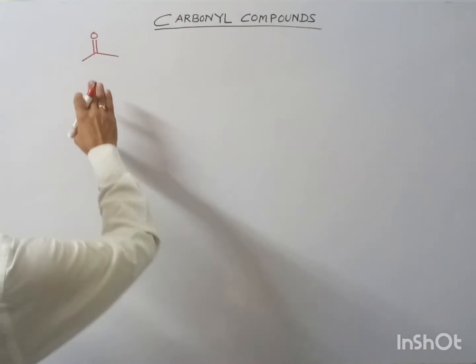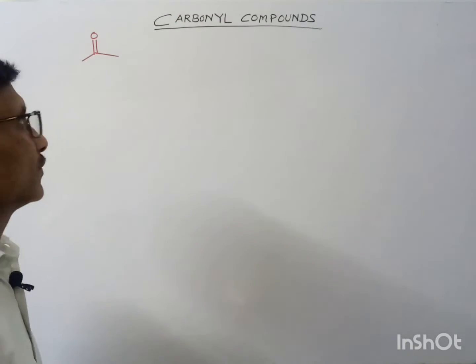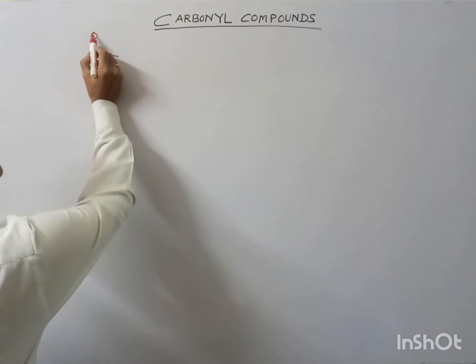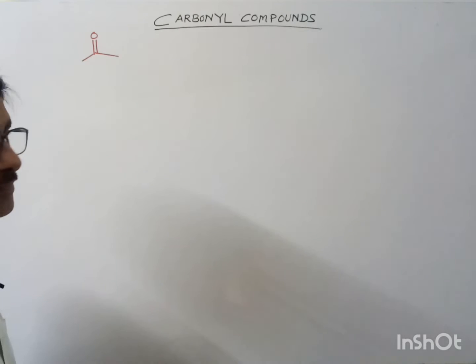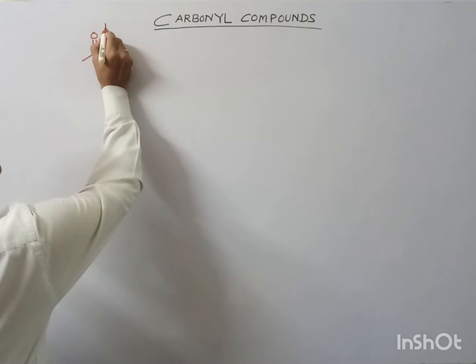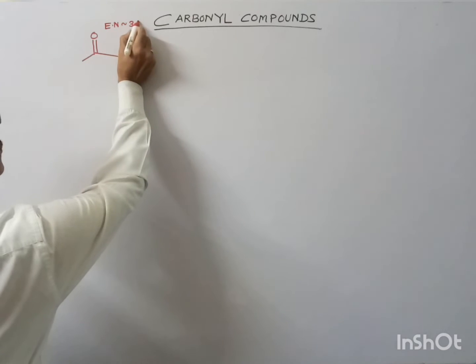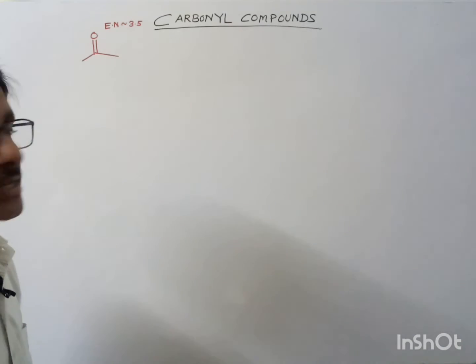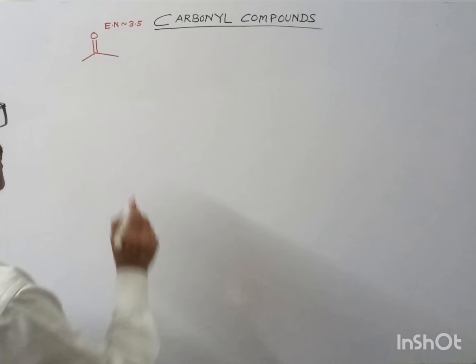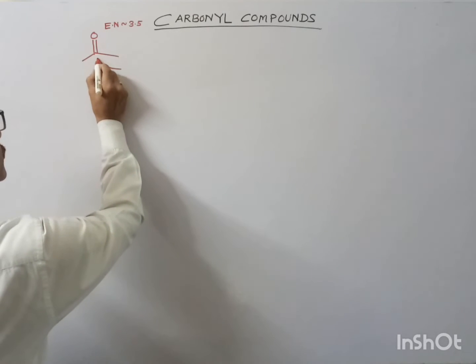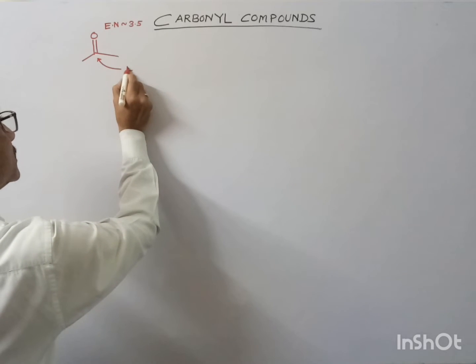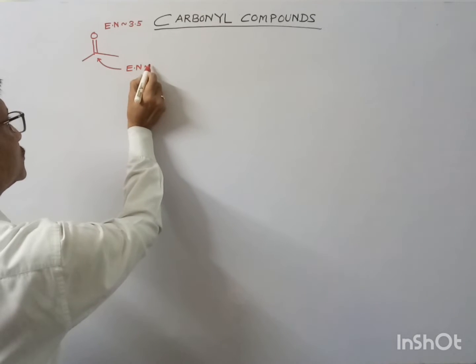In this carbonyl functional group, the oxygen is quite electronegative. The electronegativity of this oxygen is approximately 3.5, whereas the electronegativity of this carbon is approximately 2.5.